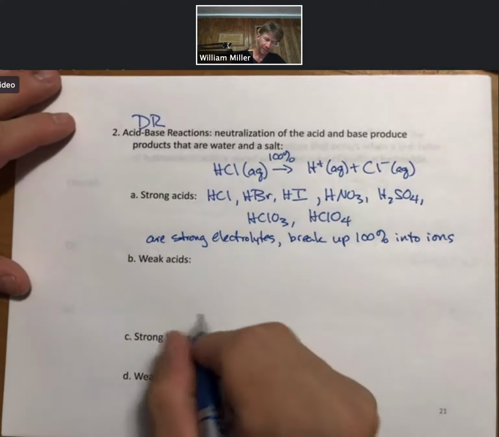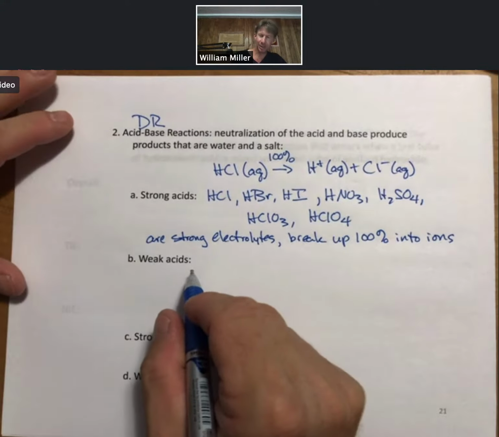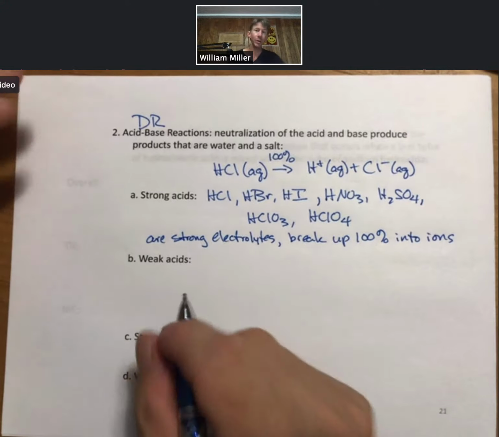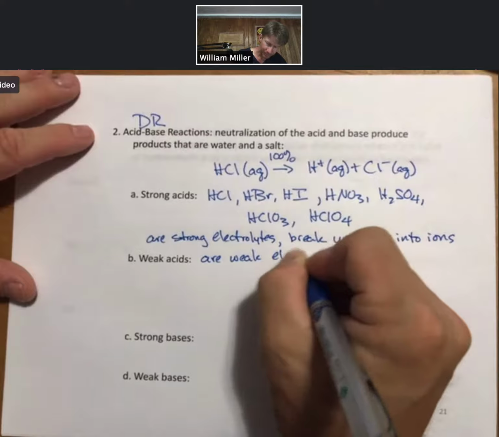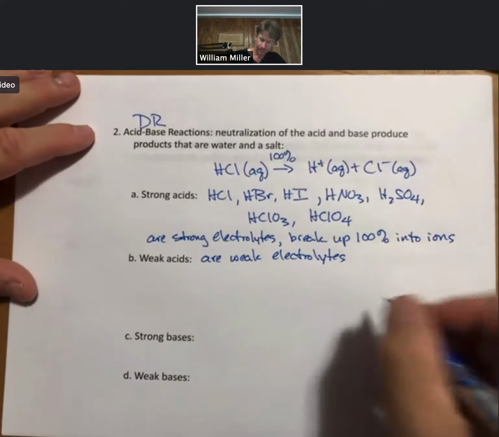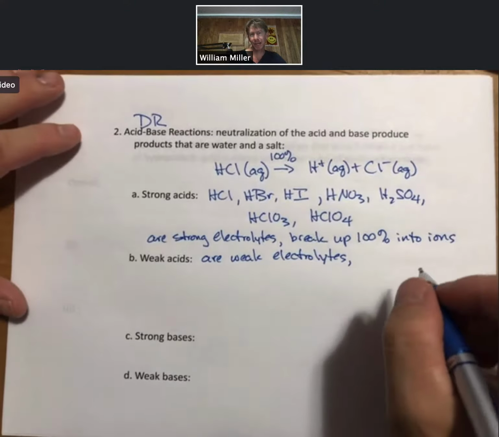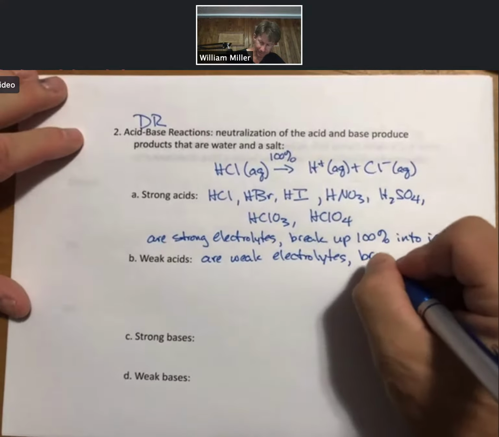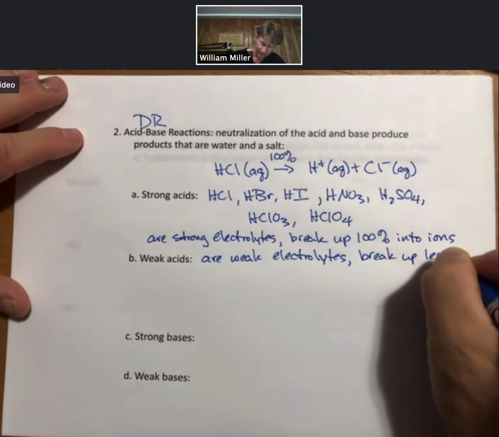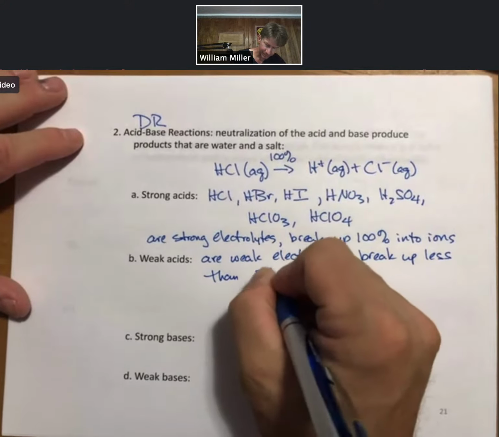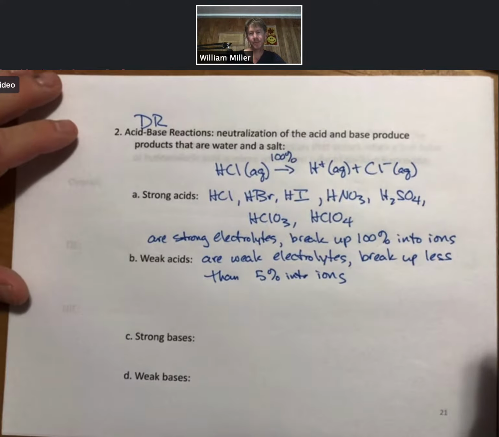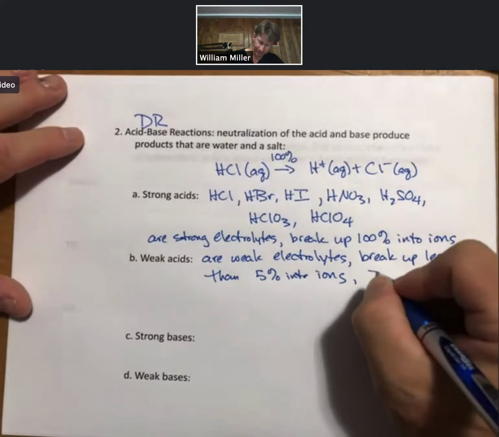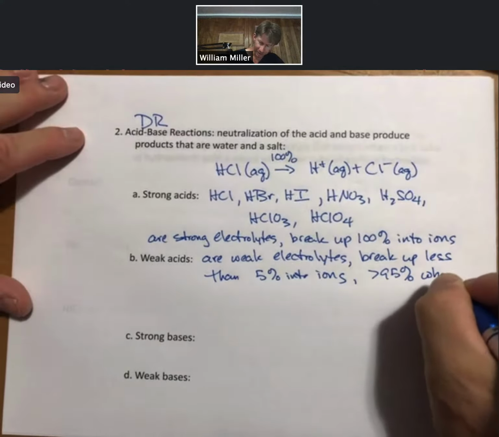Please remember that. Weak acids, we said that weak acids break up less than 5%, so weak acids are weak electrolytes. So they break up less than 5% into ions, and therefore are greater than 95% whole molecules.